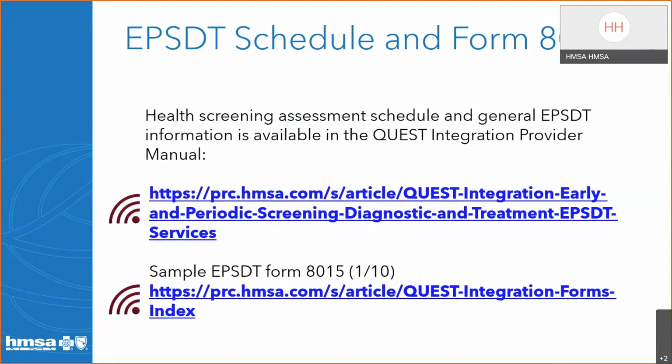The Quest Integration Health Screening Assessment Schedule and general information regarding EPSDT can be found in the Provider Resource Center using the first link. The second link shown here will take you to a sample of the DHS 8015 exam form.